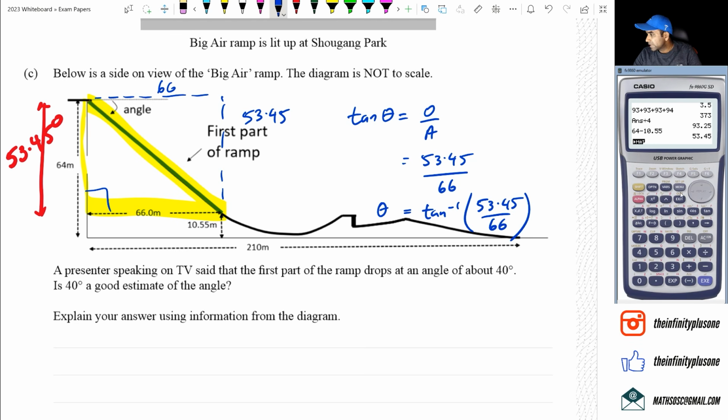Remember, guys, if you are using a graphics calculator or any calculator, make sure your angle is set to degrees. So do that first, then shift tan of 53.45 divided by 66. That gives 39 degrees. So it's about 40 degrees, and you can justify that it's 40 degrees.